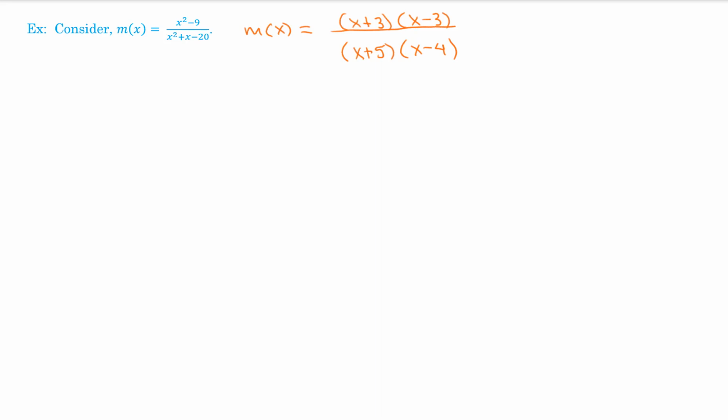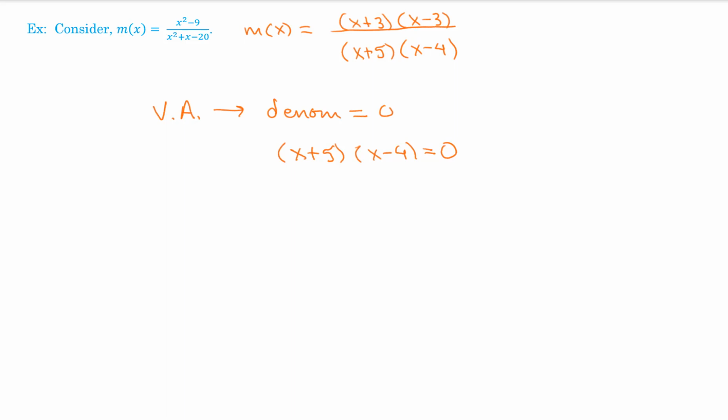Once you have it factored, the vertical asymptotes, which I will abbreviate as VA, occur where the denominator equals 0. So this means that we want to know where x plus 5 times x minus 4 equals 0.